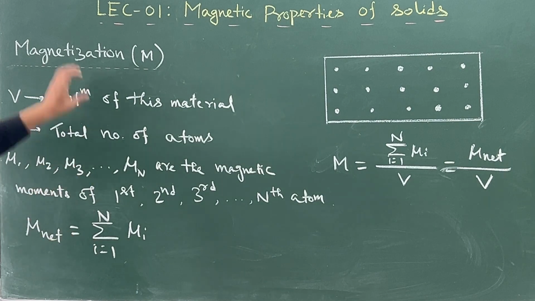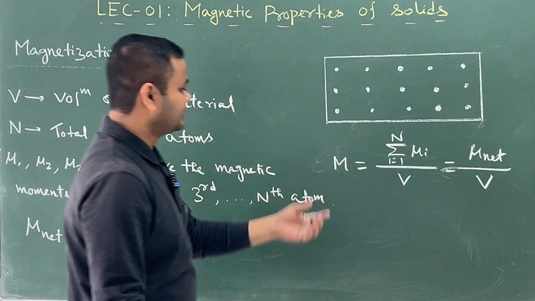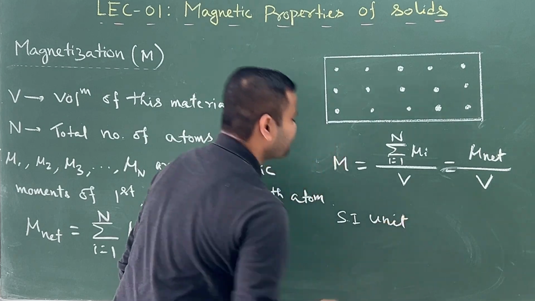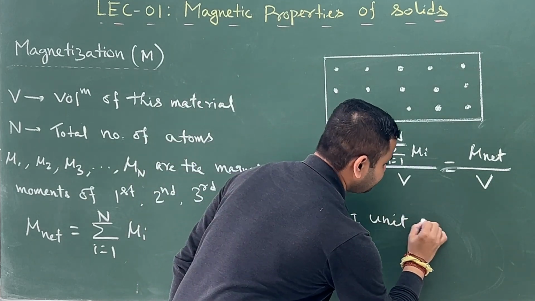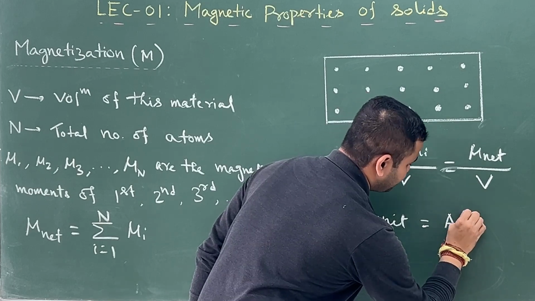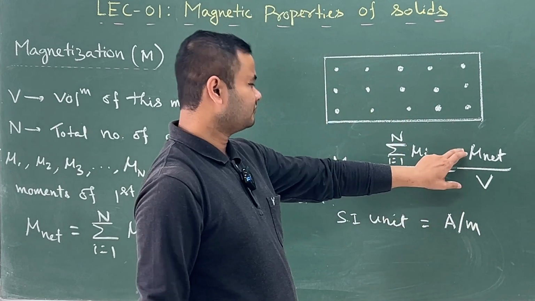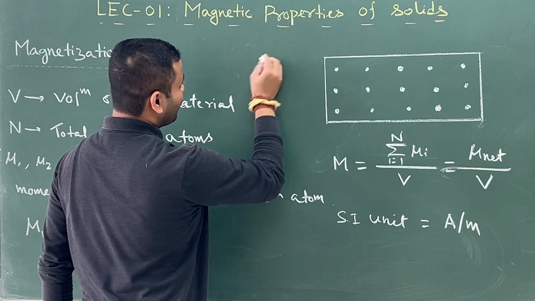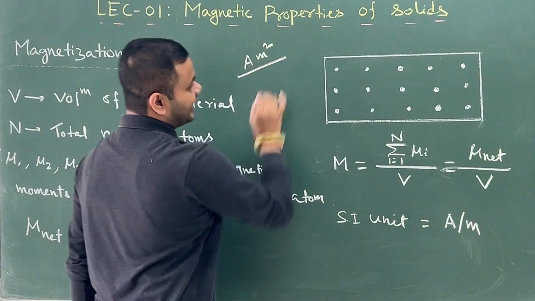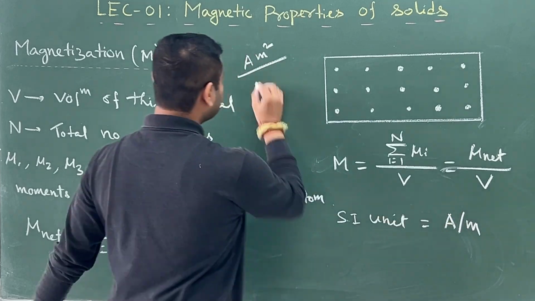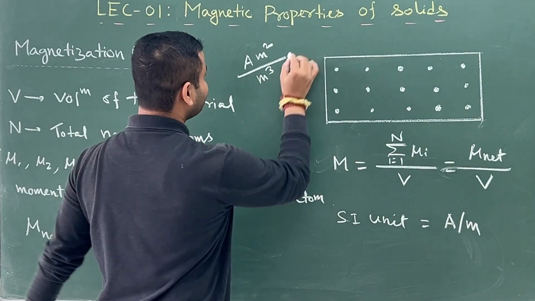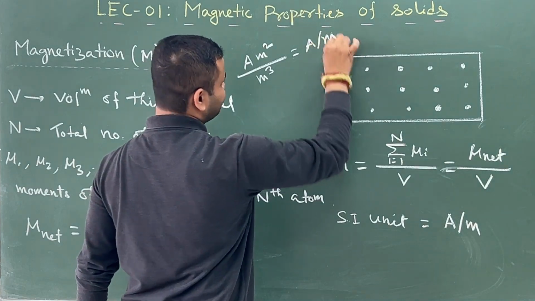So this is the definition of magnetization, and the SI unit of magnetization is ampere per meter, because the SI unit of magnetic dipole moment is ampere meter square and SI unit of volume is meter cube. So ultimately SI unit of magnetization will be ampere per meter. Okay.